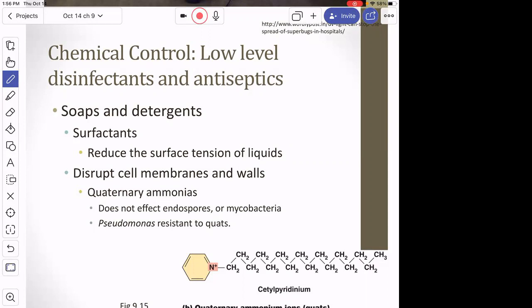For instance, it's really hard to find soap anymore that doesn't have antibacterial chemicals in it. And really, just soap is enough to kill a lot of things that we would need to be worried about.